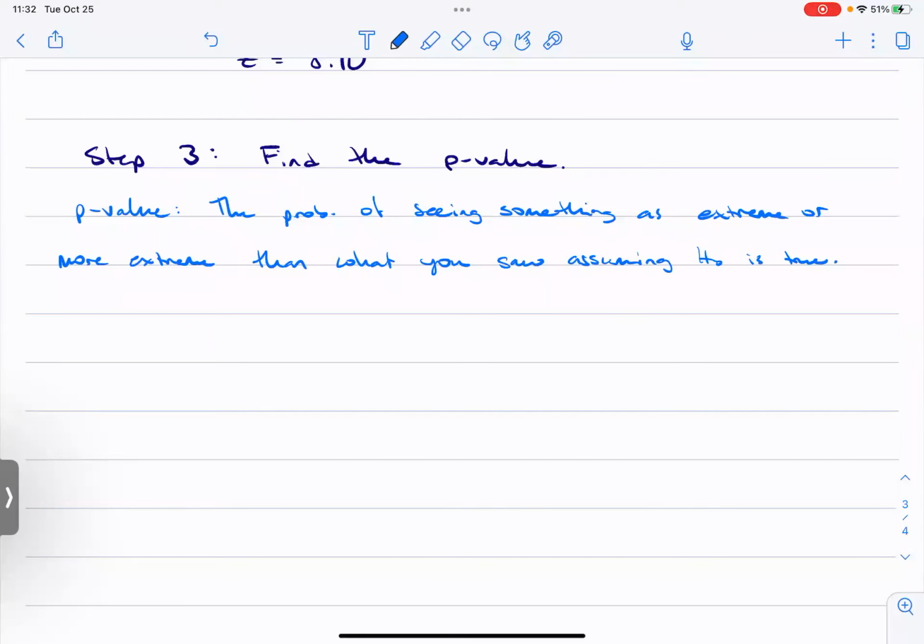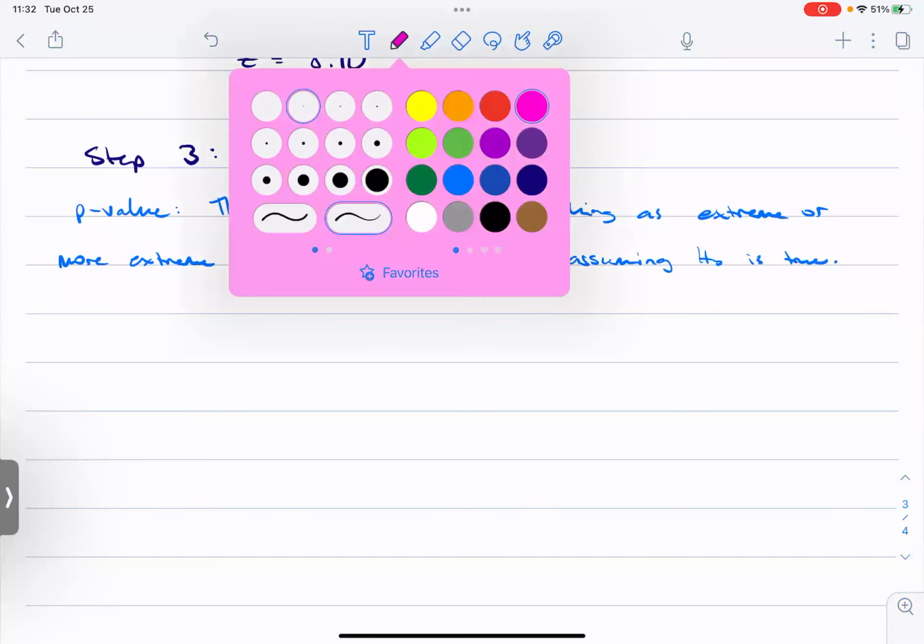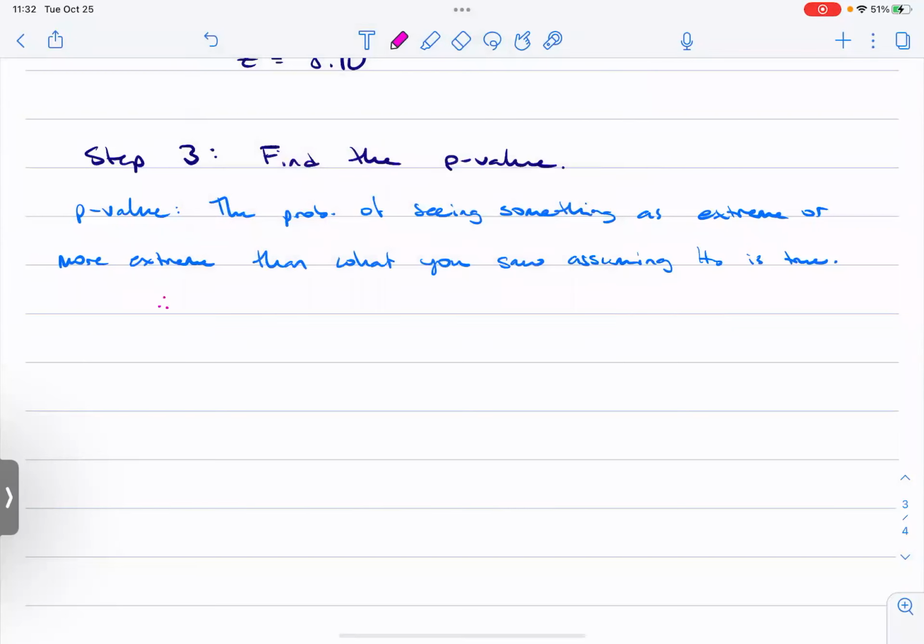Okay. Which really just translates to, it's a probability, so it's an area under the curve. And in fact, if it's as extreme or more extreme, that's the area in the tails, right? So then the p-value is the area in the tails.